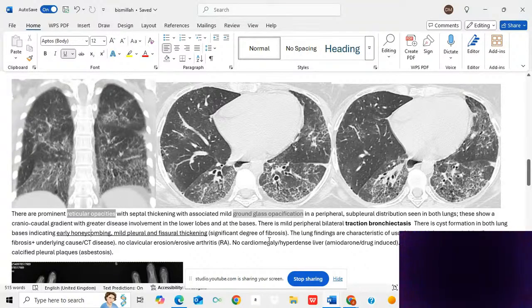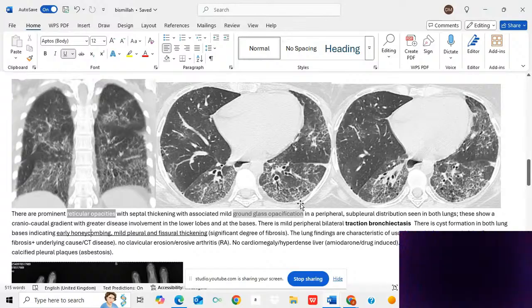The next finding you need to look for is significant degree of fibrosis. Okay, as you can see here, there is evidence of cyst formation, indicating early honeycombing.